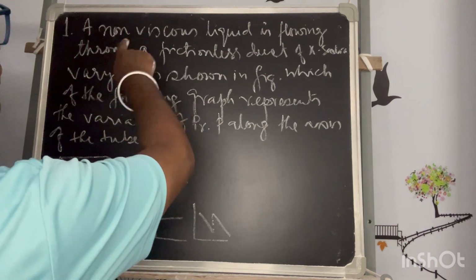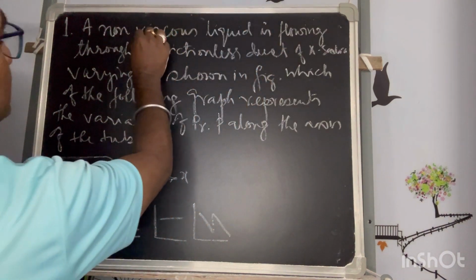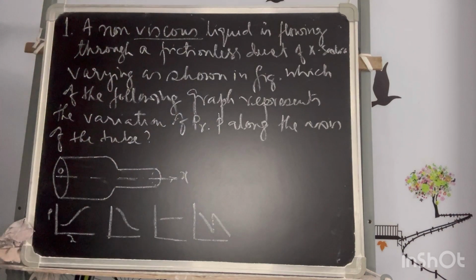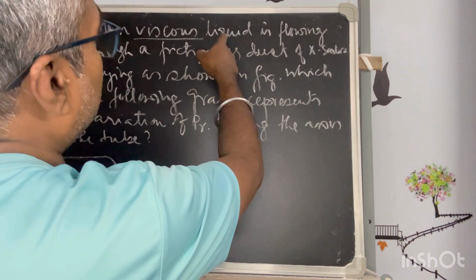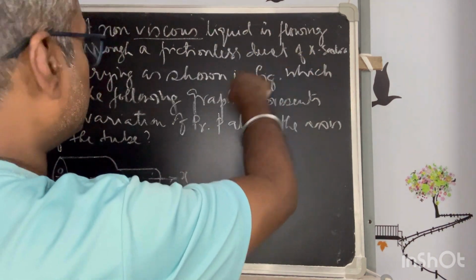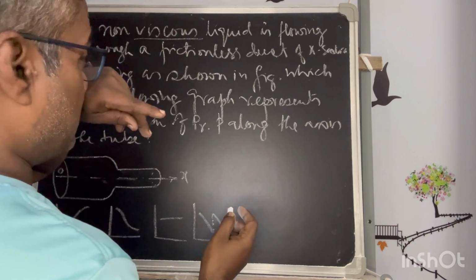We can assume non-viscous means it comes under ideal fluid, with no frictional losses, and the duct is also frictionless, so there is no strain due to the duct, and the cross section is varying.